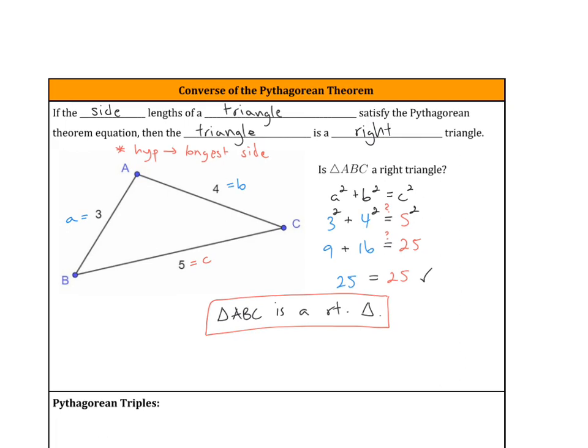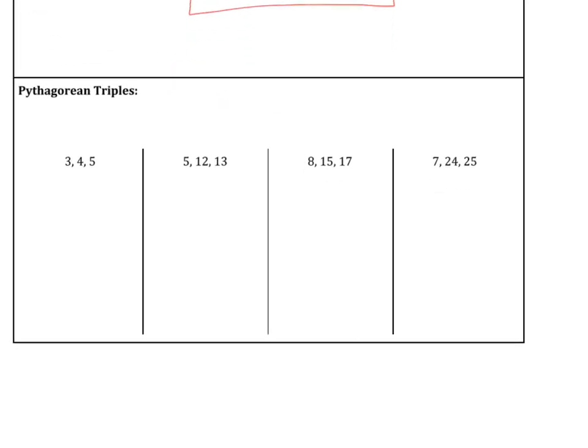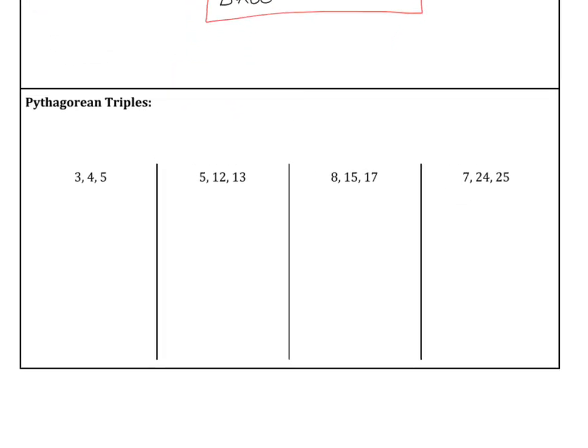All right. Now, there is something that I wanted to mention down here, and that is something called Pythagorean triples. Pythagorean triples are whole numbers that satisfy the Pythagorean theorem equation.